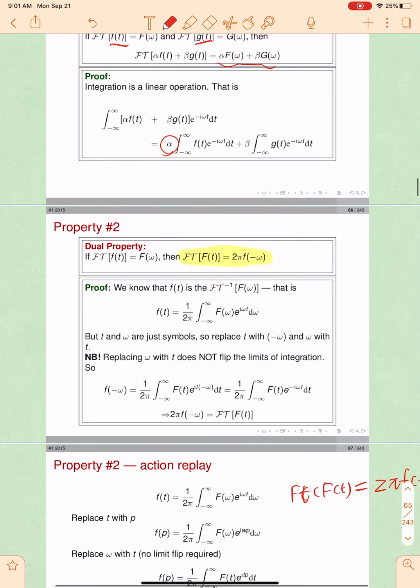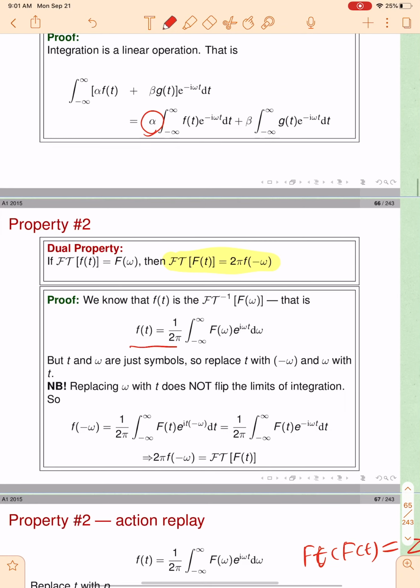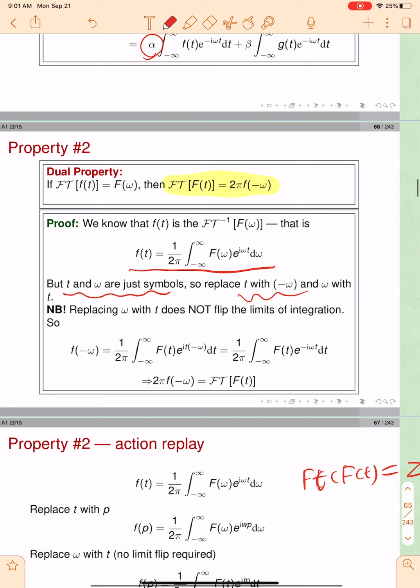How to prove this? We will start from the inverse Fourier transform, where t and omega are just symbols, so we can replace them. Replace t with minus omega and omega with t. And it does not flip the limits of integration. So put in F(minus omega).